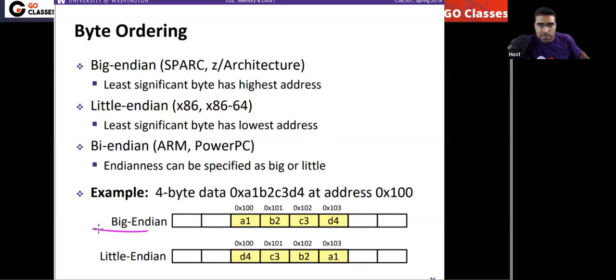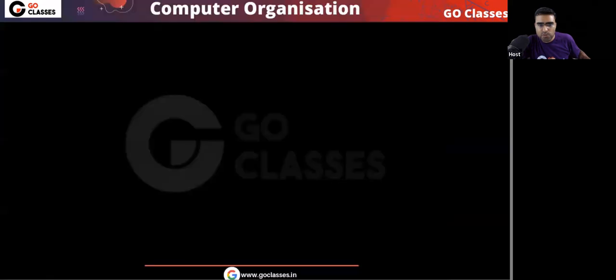Very simple. In the big endian, you will start with the big end, so you will store like this. And in the little endian, you will start with the little end, the least significant byte, so you can store like this. So this concept we have seen. Now let's move on.